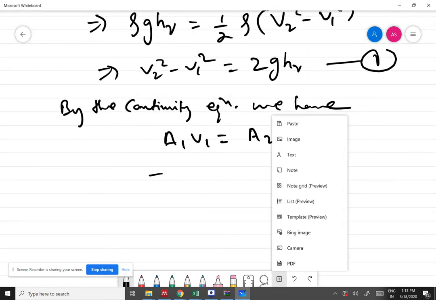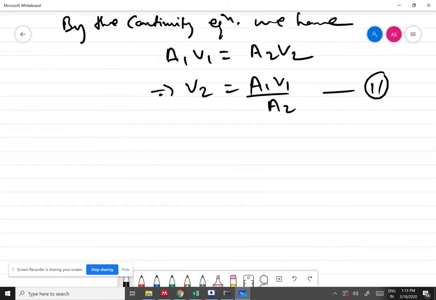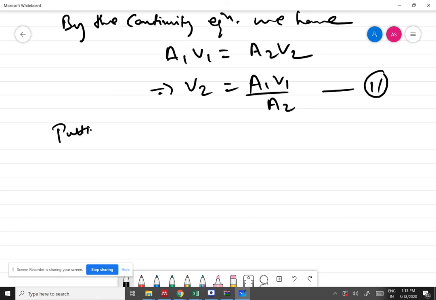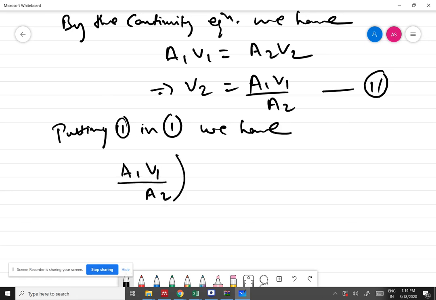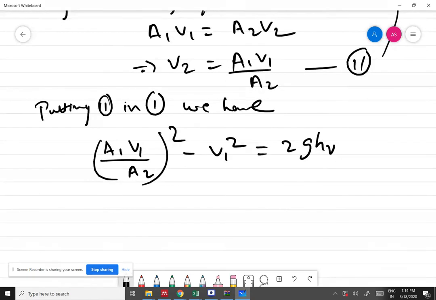From this we can say that V2 is equal to A1 V1 by A2. This second equation we can put in 1, so putting 2 in 1, we have A1 V1 by A2 square minus V1 square is equal to 2g hv. So by putting equation 2 in equation 1, we get this formula.